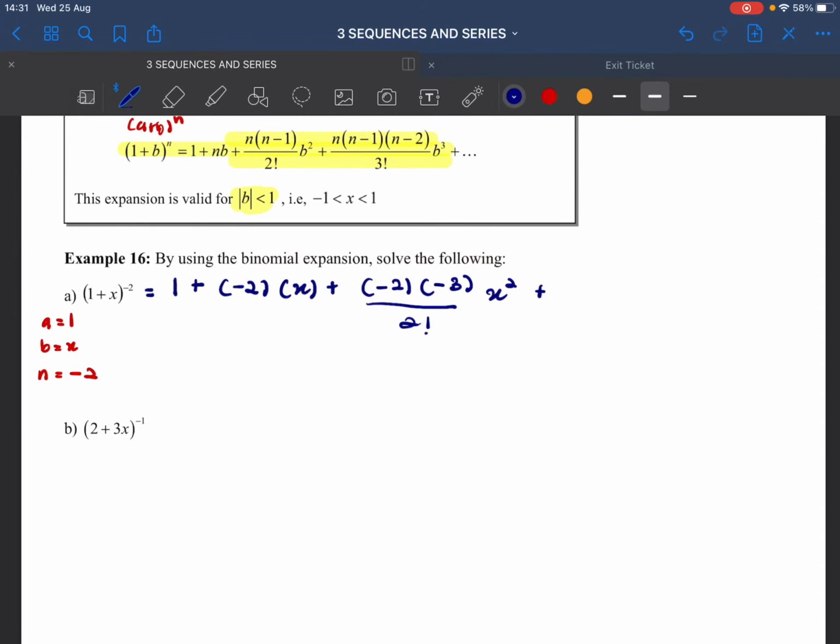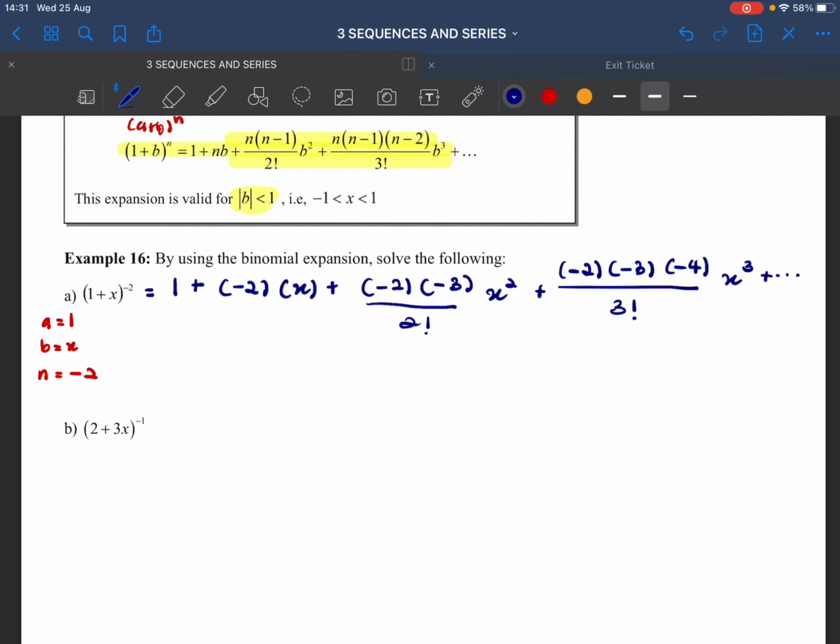The fourth term kat sini we will have n minus 1, which is negative 3, n minus 2, which is negative 4. Here we will have 3 factorial x cube. Okay, plus dot dot. Normally the question will give you how many terms they want, or up to what term. Biasanya dia akan bagi tahulah. So for this, secara general, we just do up to x cube.